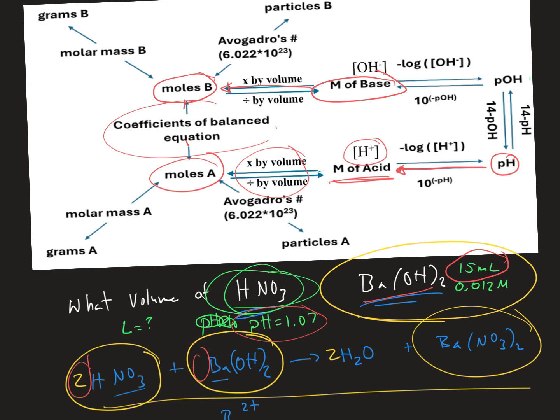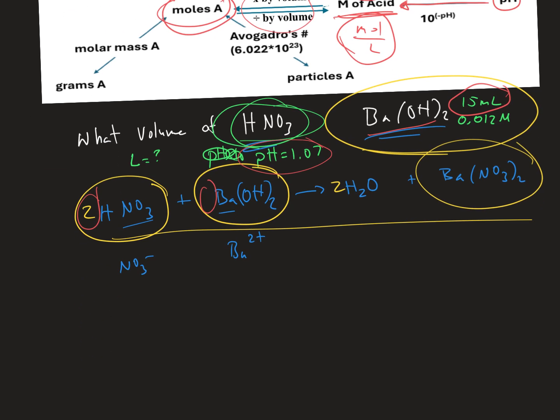How do I know? Because I have moles over liters, and I want liters. This is what I'm looking for. So if I have moles per liter, and I have moles, I can cancel it. So if I have moles of HNO3, I can do so many moles per 1 liter of solution.